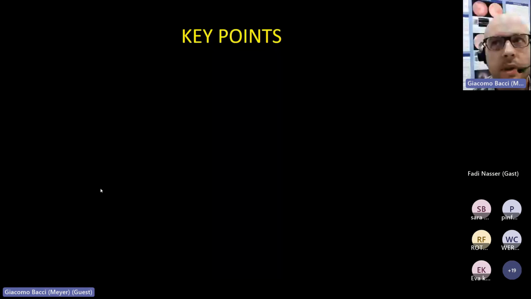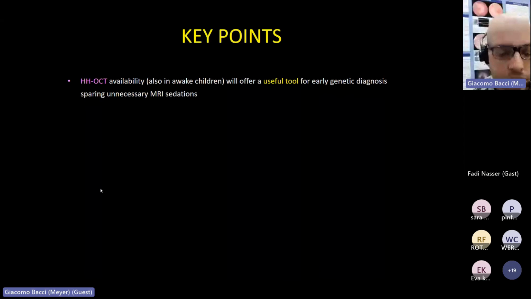We see that OCT really changed our clinical practice, and handheld devices will offer a useful tool for early genetic diagnosis because they are more feasible also in awake children, not only under sedation, and probably will spare unnecessary MRI sedations.